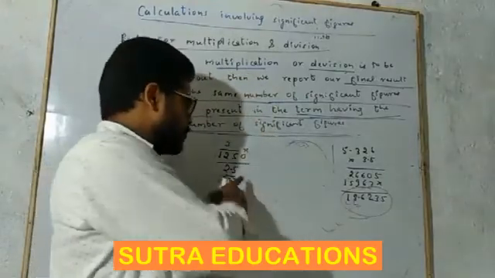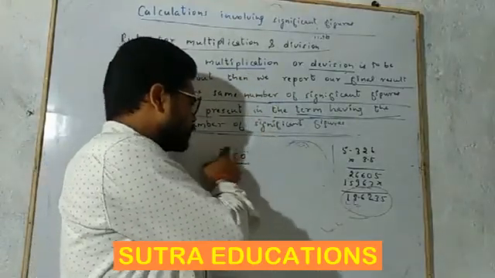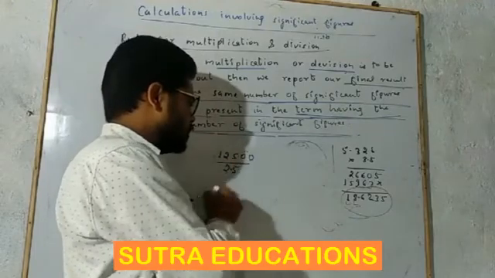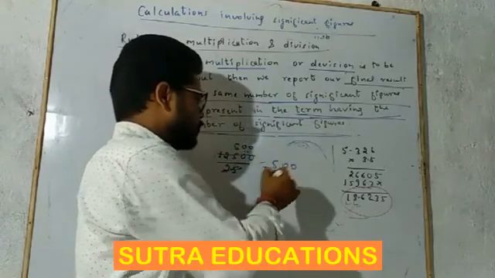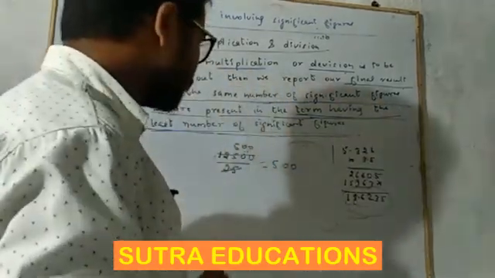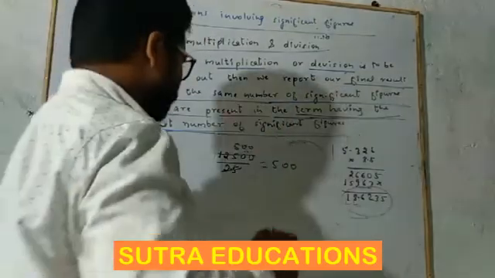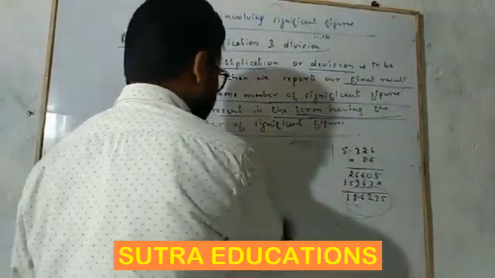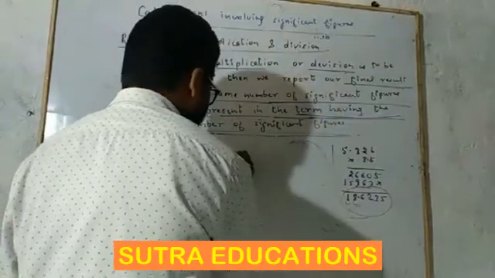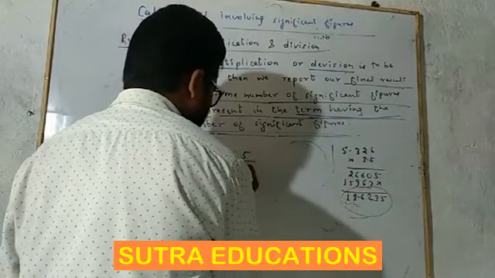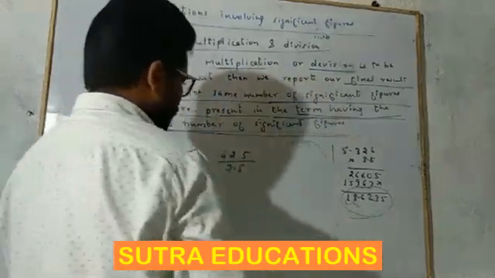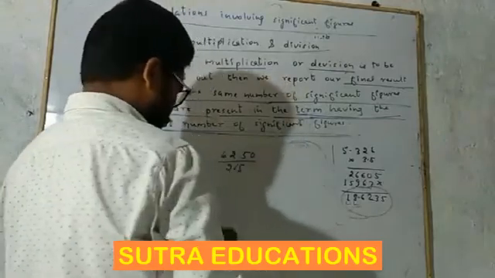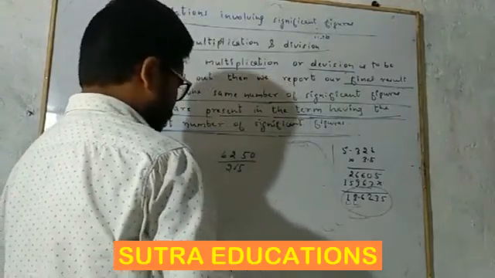So just divide this. 125 upon 2.5, like this, and divide. Our answer is equal to 50.